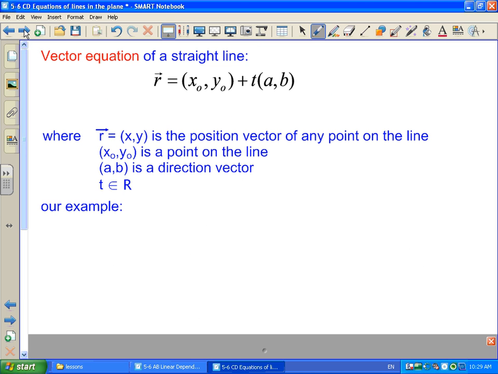Okay? And this is what the vector equation of a straight line looks like. Okay? We've got a vector here, r, which is equal to some set of coordinates, x naught, y naught. X naught, y naught is just some point on the line. This is kind of like our starting point. Plus AB, which is our direction vector, which points in the direction of the line.